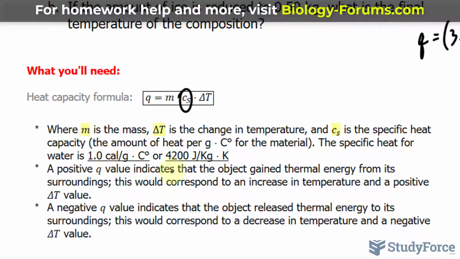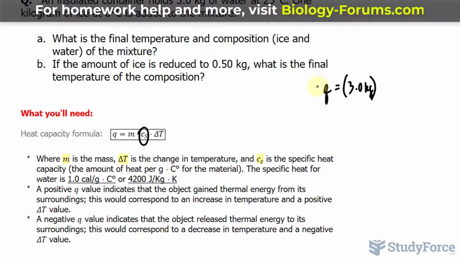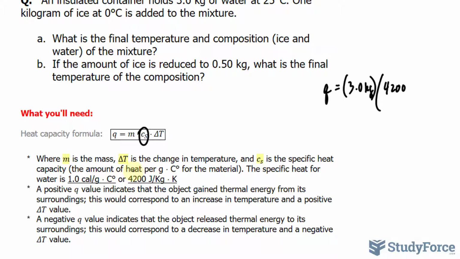You can convert one form to the other. But I want my answer to be in joules as opposed to calories. So using that version, I have 4,200, and that's rounded. If you want a more specific value, it would be 4,184 joules per kilogram times Kelvin. Notice how the units for a kilogram cancel out, and that's what we're looking to happen.